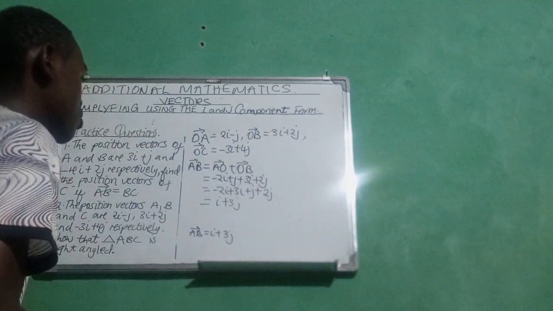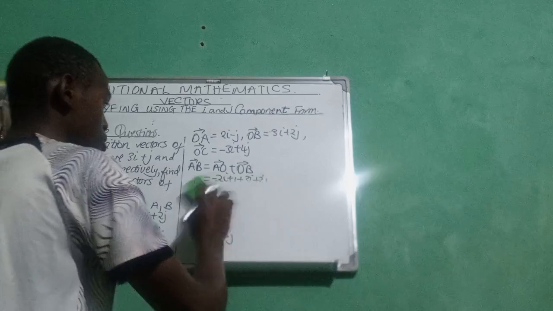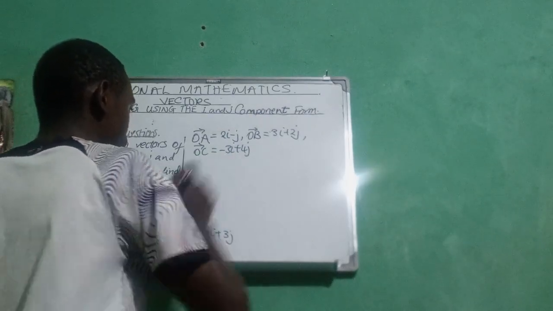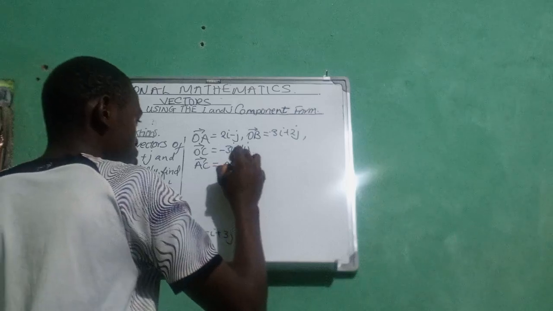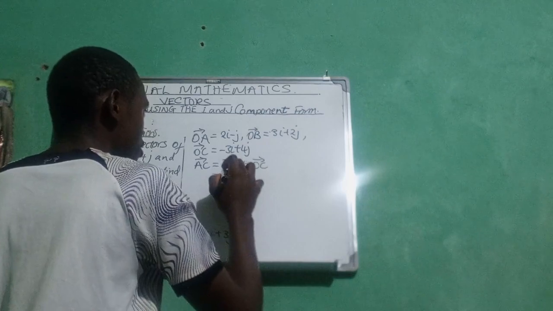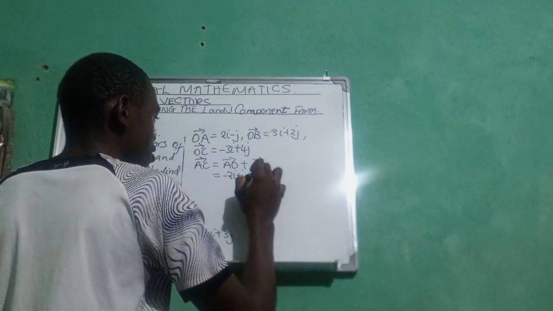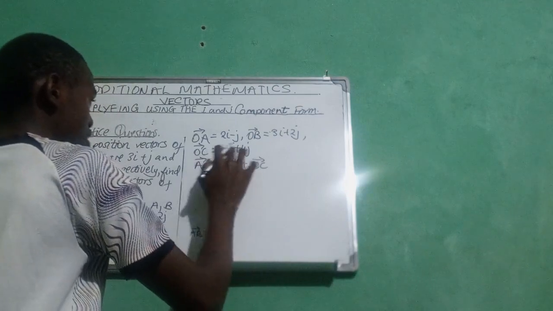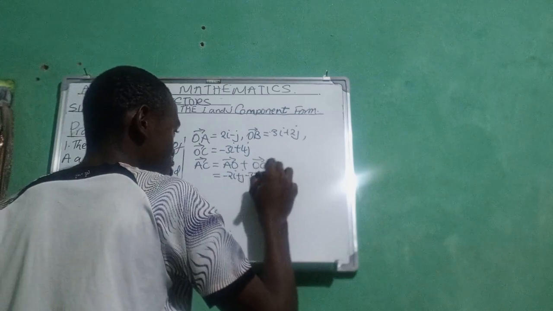Alright, after we find it like that, we now go to the next one, which is our AC. So AC is equal to AO plus OC. AO is minus 2i plus j, then OC we just get as it is, minus 3i plus 4j.